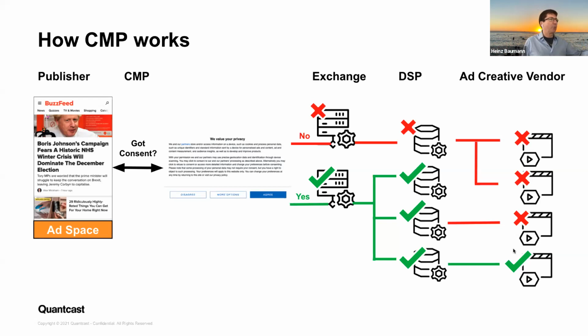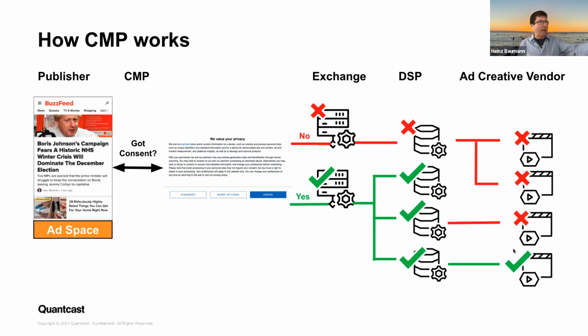The third option is if the user goes in and does some more detailed reviewing and says, okay, I don't want to give the data to this vendor because I don't like them, or I don't want you to collect data for optimizing advertisement, whatever it is. So there is partial consent coming in.